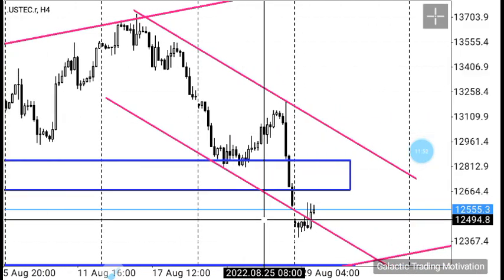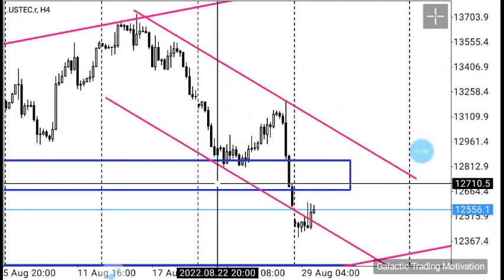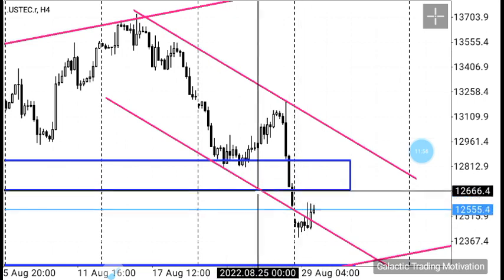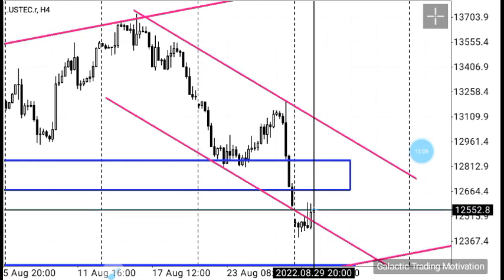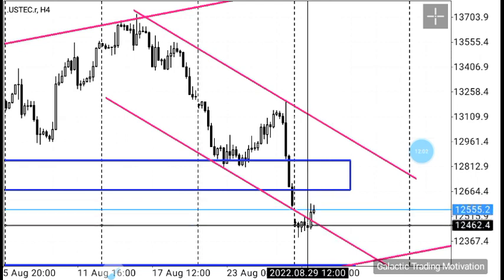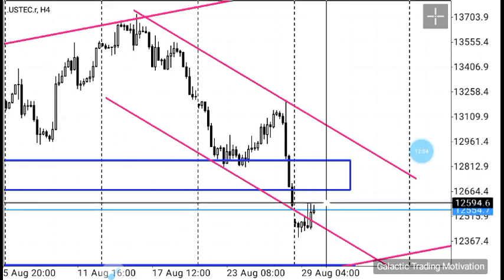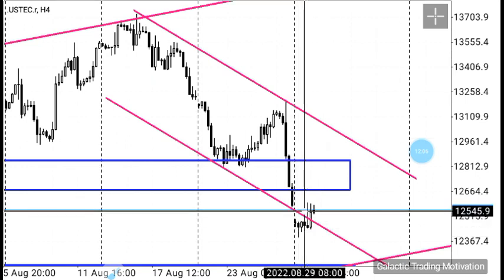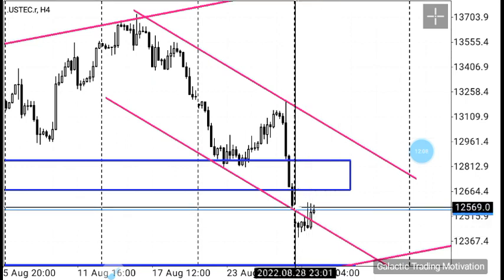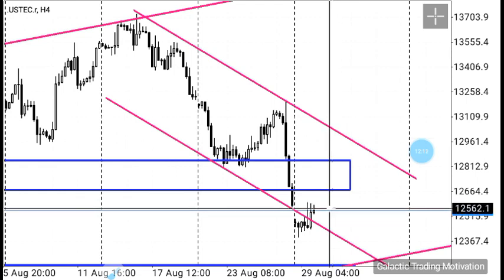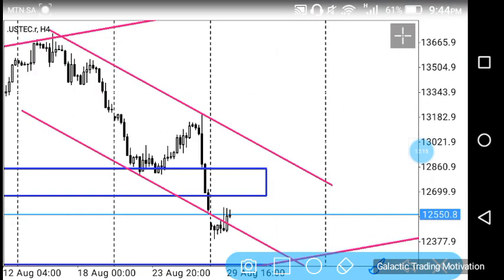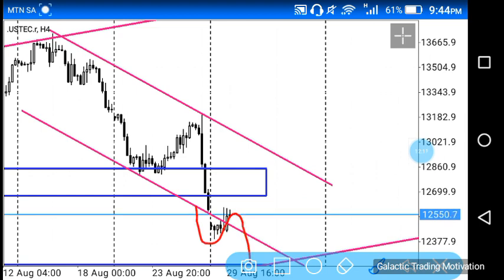Let's see. So we can see that at this level over here, price broke the trend line to the bottom side and then went back up again to sort of retest it, and we can see that it didn't hold. Our neckline didn't hold, but we can see that also price went up to close the gap that we had at this point, because as I said, gaps represent liquidity, and what may possibly happen is price may push further down, right?